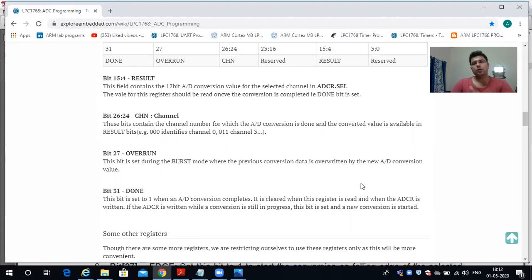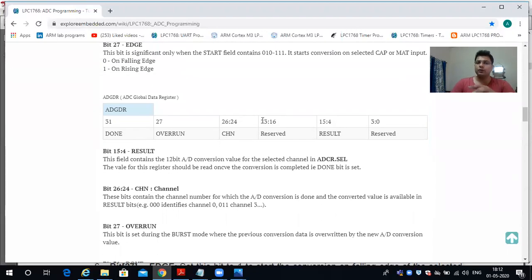We are overwriting the value, but in a situation where this register has already been read in the previous cycle before being overwritten, the overrun bit would not be 1.